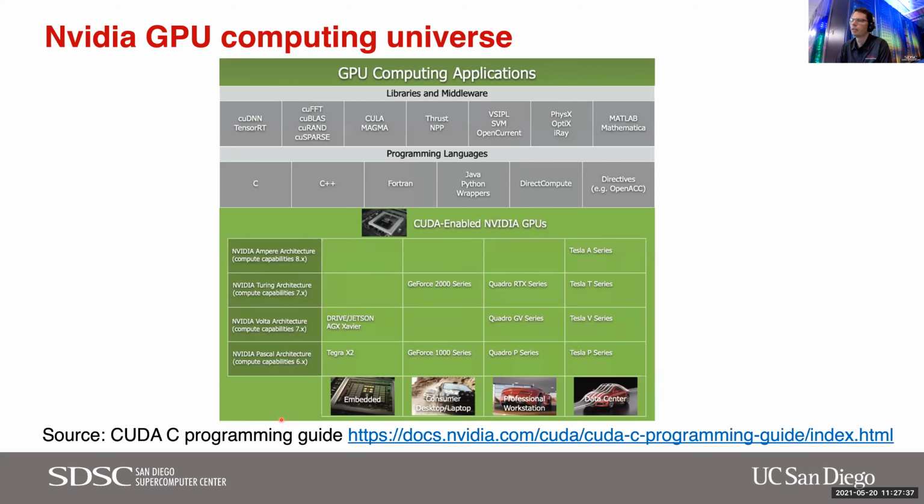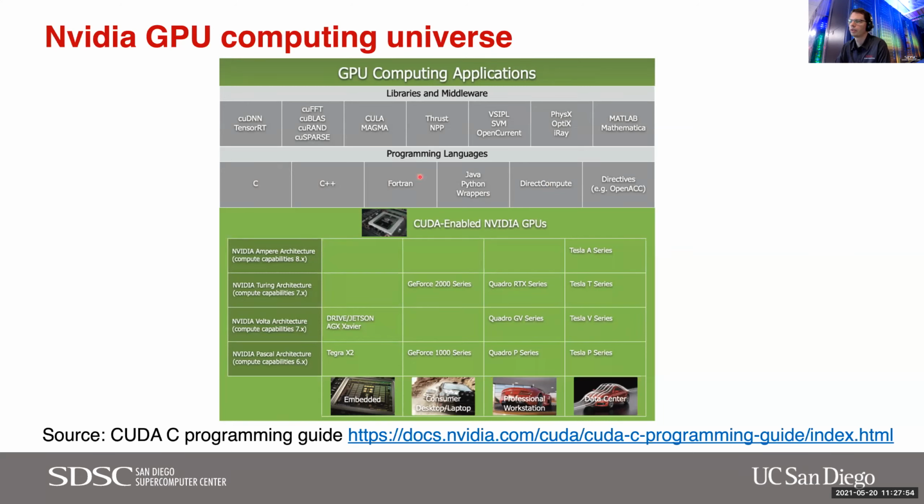Now, if we go to Nvidia GPUs, you have a lot of libraries available for deep learning, cuDNN, fast Fourier transforms, linear algebra, and so on. And there's support for many programming languages.